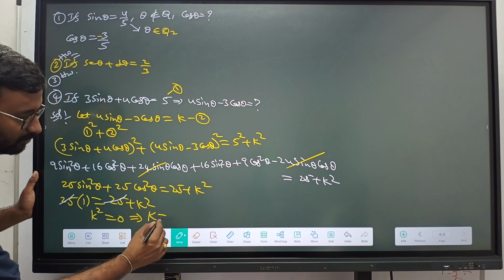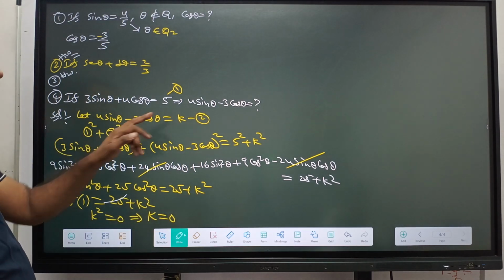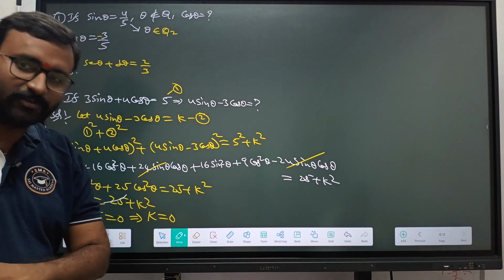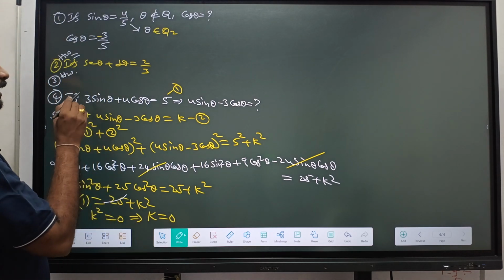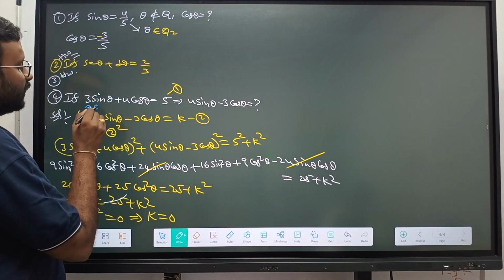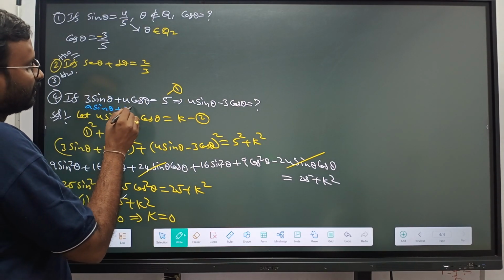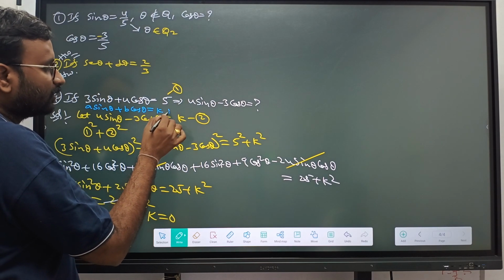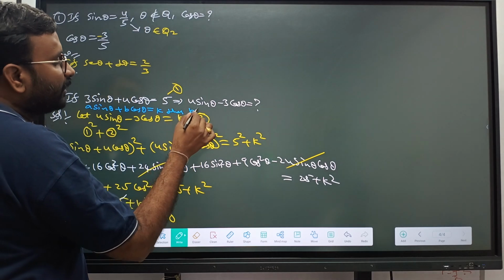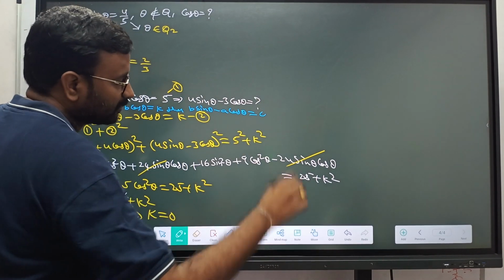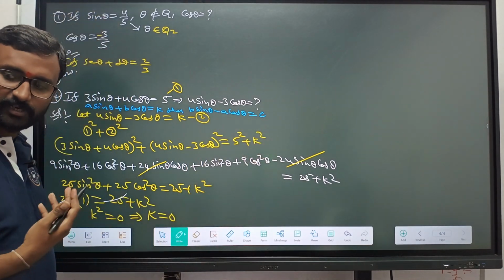K is equal to 0. So what is this answer? 0. Final conclusion is: a sin theta plus b cos theta is equal to something, then b sin theta minus a cos theta is always 0 for anything.